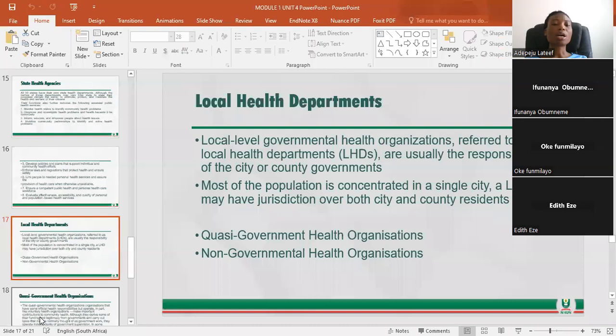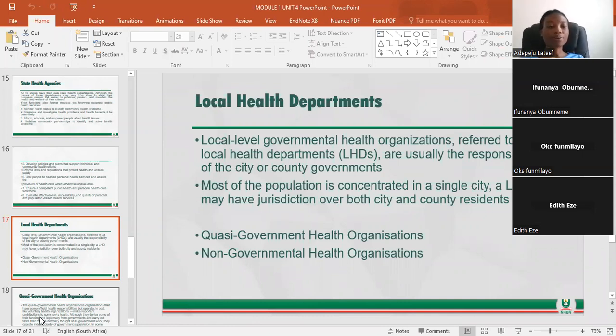The most population are concentrated at the local level. So that is why it's very, very important that at the local level, the community public health service is taken very seriously.